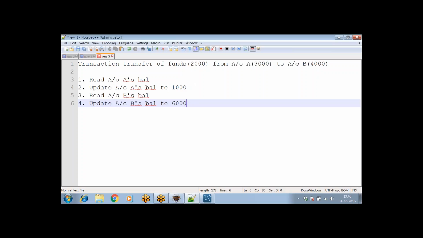So all these DB operations which you got here, you need to consider them as a single unit, which cannot be separated.